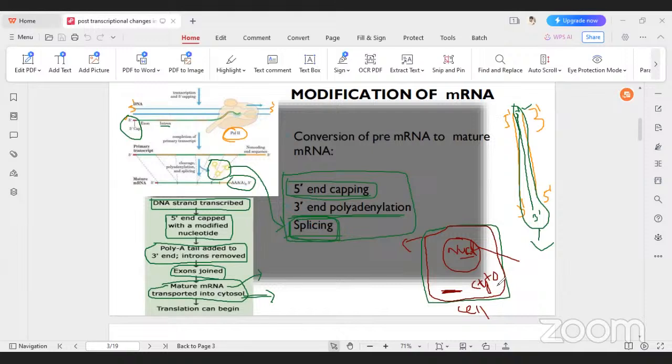The cell organelles: mitochondria, Golgi complex, these are all together called cytoplasm.